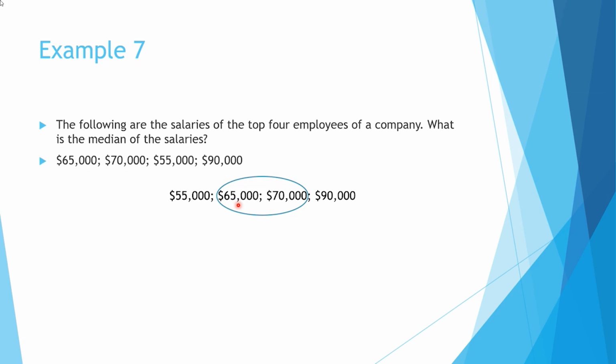If it's odd, you divide by 2, you're going to get something .5, you would round up, and so that next number that comes would be your median.